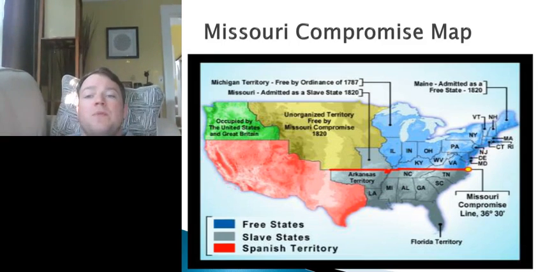There's one problem with this compromise, if you can see it, because remember, everything north of that compromise line is going to be a slave state. Can you spot it? If you can spot it, post it onto your class's Schoology website in a complete sentence, and I'll give you a bonus point.